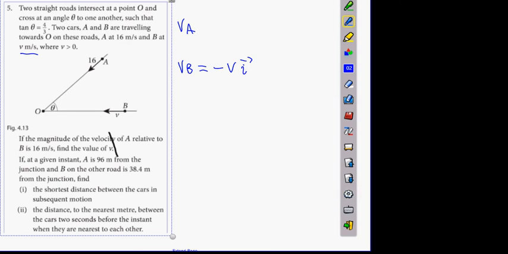Now, what we've got to understand about v_A is that it comes down at this angle here. The angle it comes down at is angle theta, and it comes down at 16. Now, what we know about angle theta is that tan theta is 4 over 3. It's a 4:3 ratio, correct? Now, if I examine tan theta as a triangle on its own, opposite over adjacent is 4 over 3.